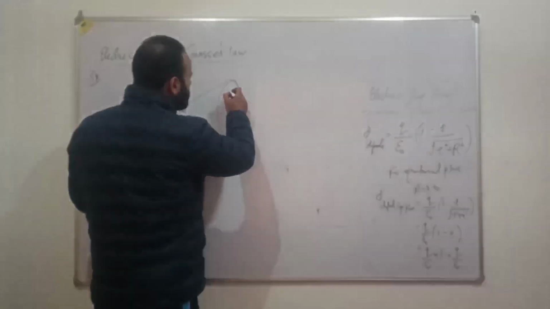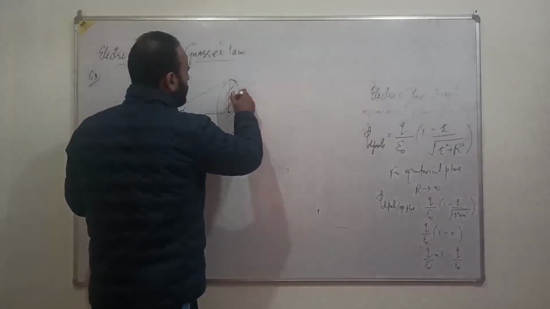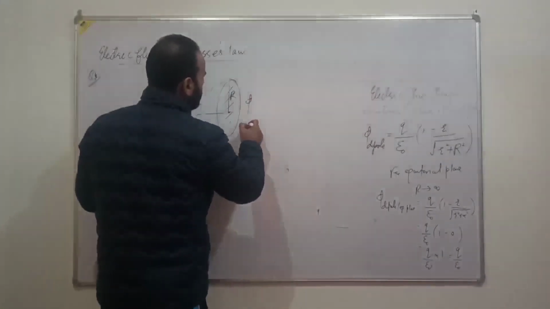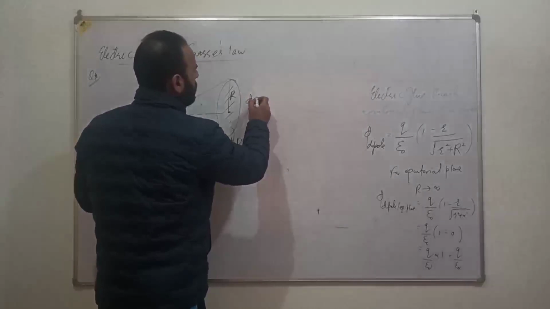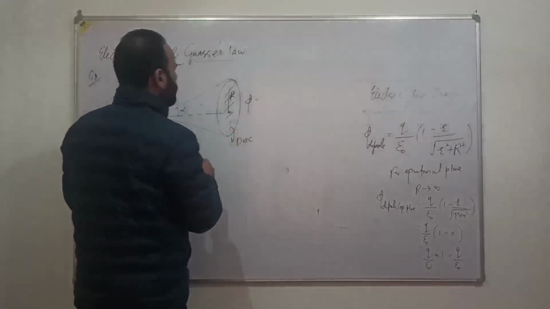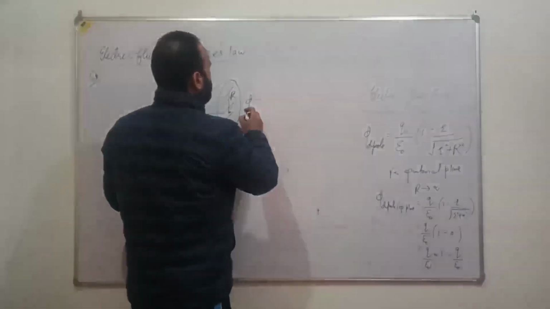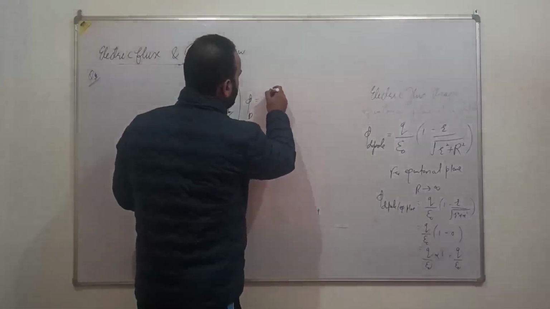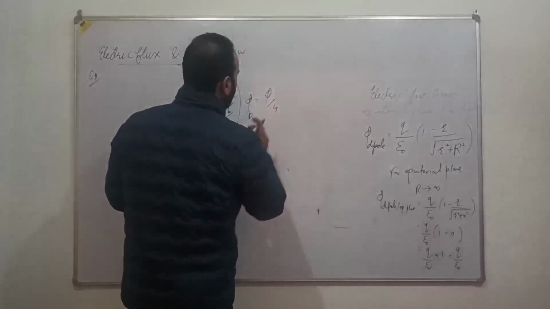Now, if the flux through this disk, whose radius is say R, is equal to the flux due to the whole charge divided by 4.